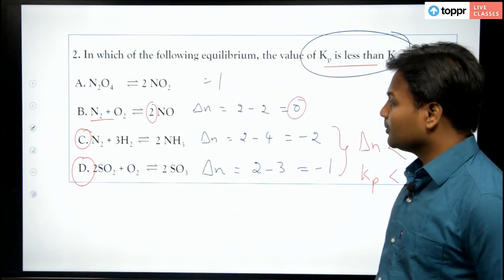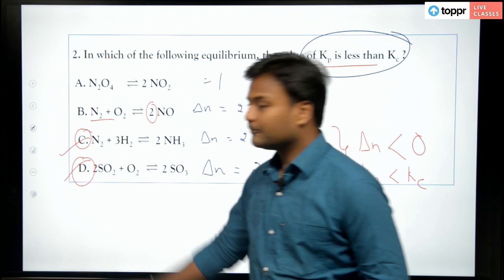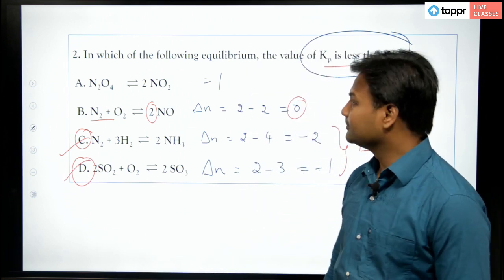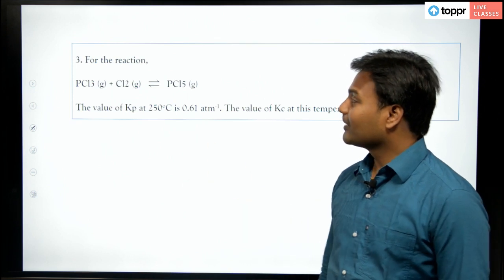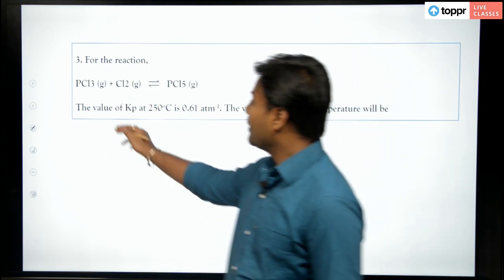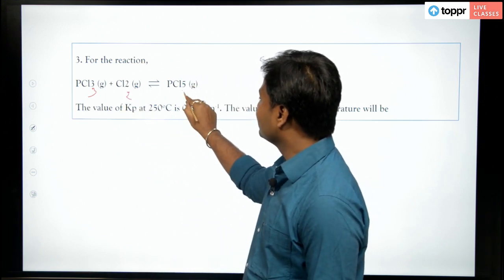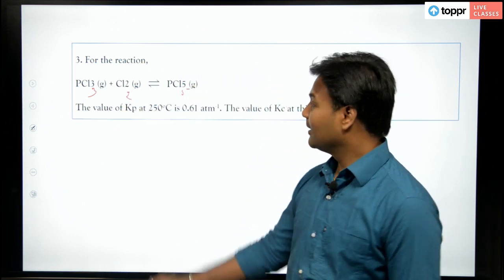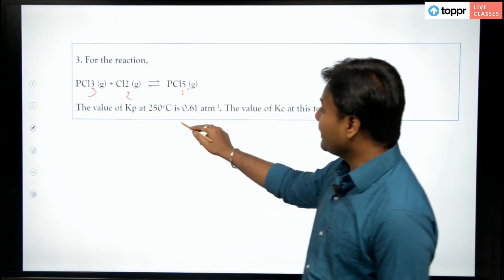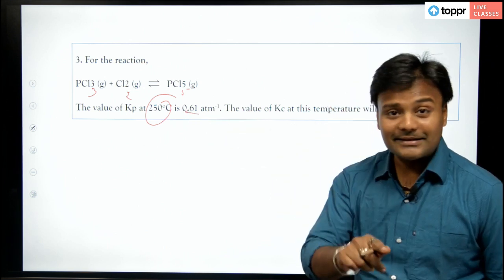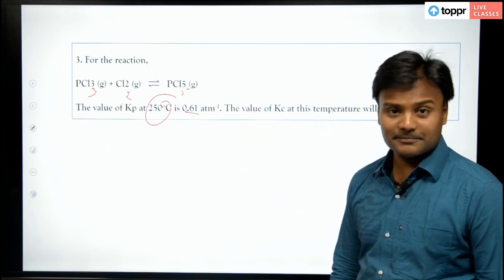Okay, so you have 2 options. Moving on to the next question, guys. Okay, for the reaction phosphorus trichloride plus chlorine gas gives phosphorus pentachloride, the value of Kp at 250 degrees centigrade is 0.61 atmospheric pressure.